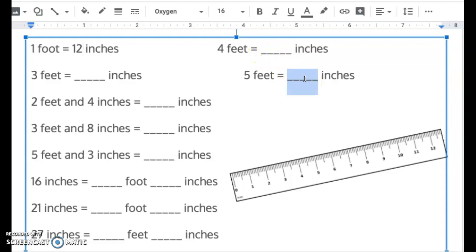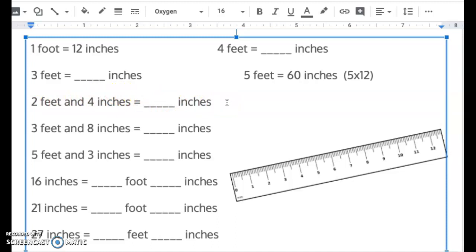How many inches are in 5 feet? Well, each one of those feet has 12 inches in it. So I'm doing 5 times 12 in my head, and I know 5 times 12 is 60. Let's go down here. 2 feet and 4 inches is how many inches?